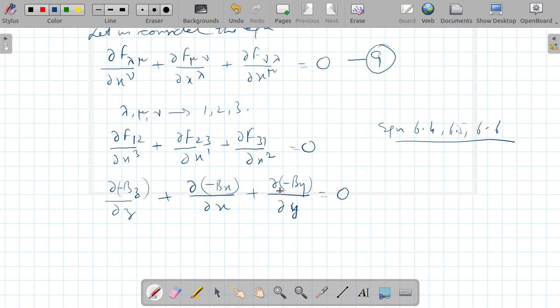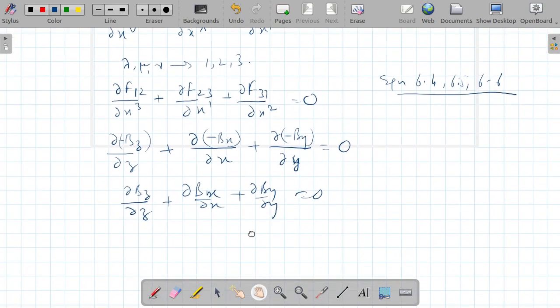Taking the minus sign from everything and bringing this to that side, it will cancel out. So this can be written as ∂Bz/∂z + ∂Bx/∂x + ∂By/∂y = 0.